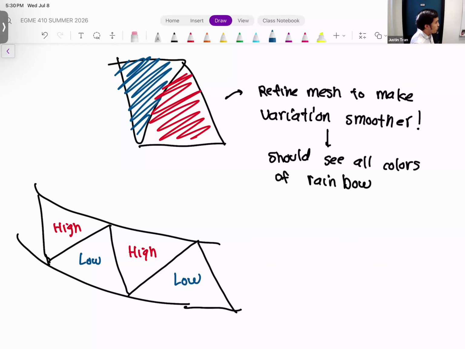If you see your solution jumping around like this, I call these rapid oscillations in the solution. Typically, this doesn't happen. Your solution shouldn't hop around between values.